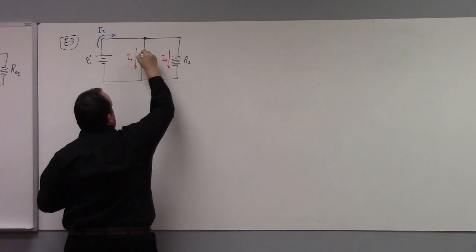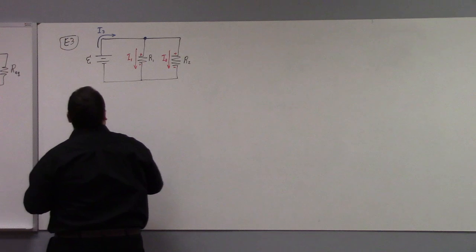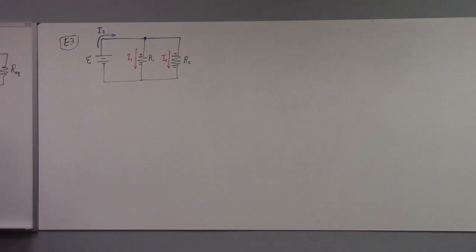All right, and so it's going to be plus minus, plus minus. If the current is flowing through the resistor, the voltage drops in the direction in which the current's flowing. That's the way I think of it.